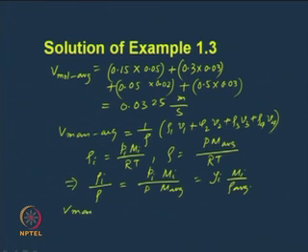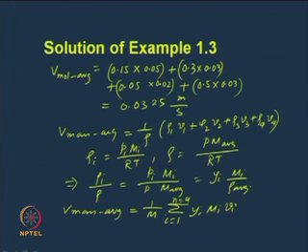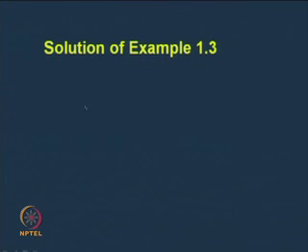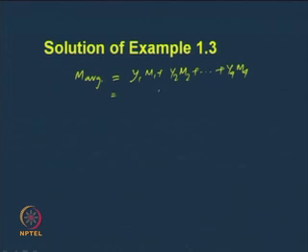If we substitute here, the equation would be V mass average is equal to 1 by M average, summation over I equal to 1 to n equal to 4, Y I M I V I. So, then we can calculate M average as per our given data, which will be Y1 M1 plus Y2 M2 and Y4 M4. After substitution, it will be 24.9.